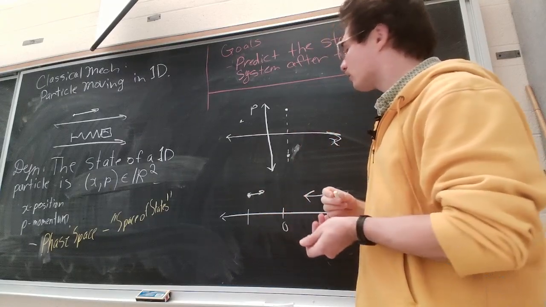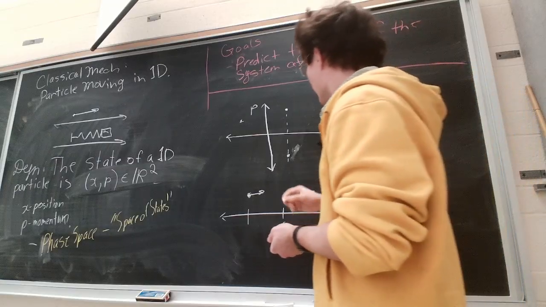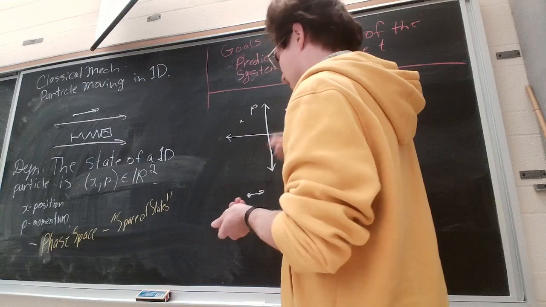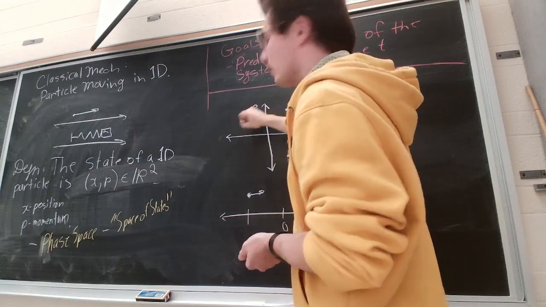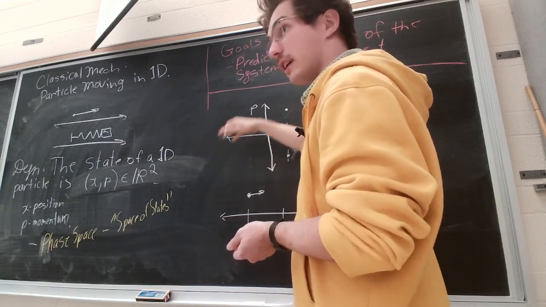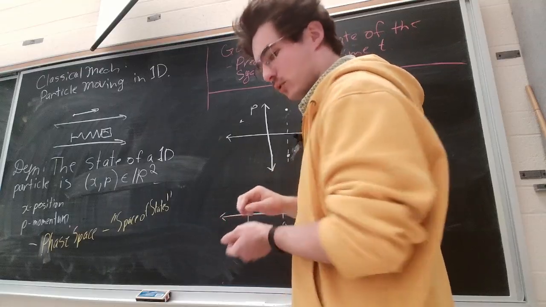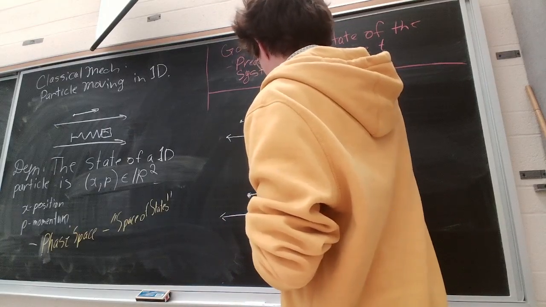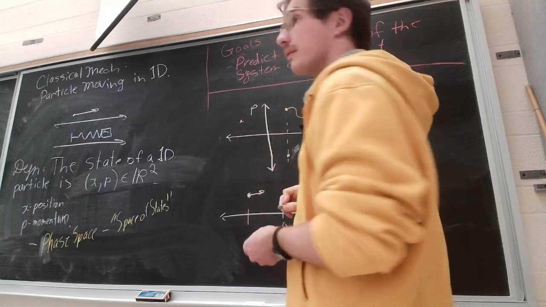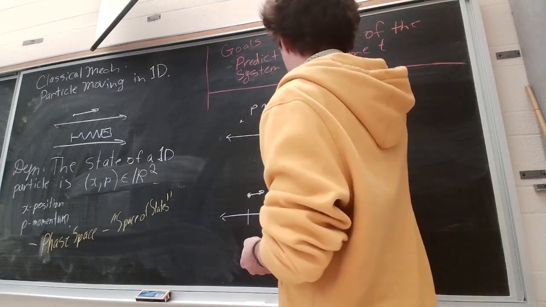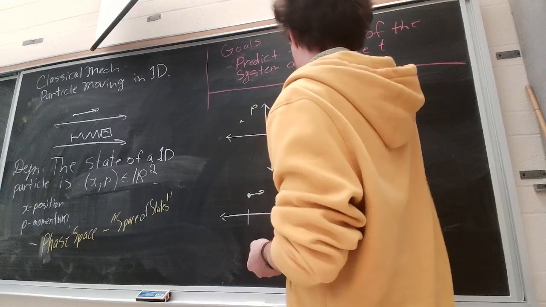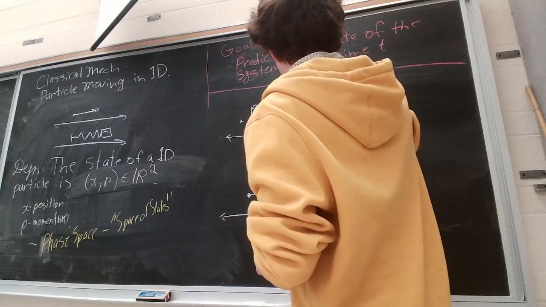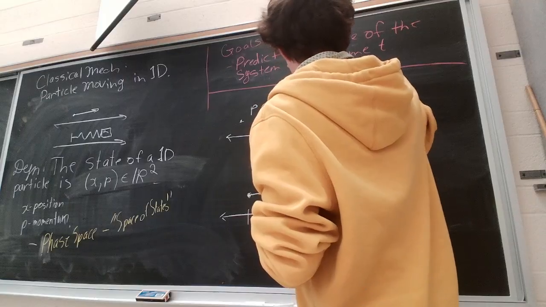And how is it going to do this? As the state changes in time, it's going to be at different points in the phase space. So it's going to start here and trace out some kind of curve, which we can call gamma of t equal to (x(t), p(t)).